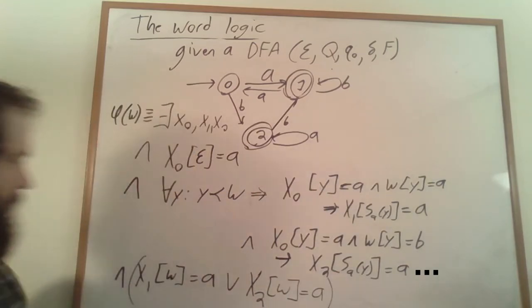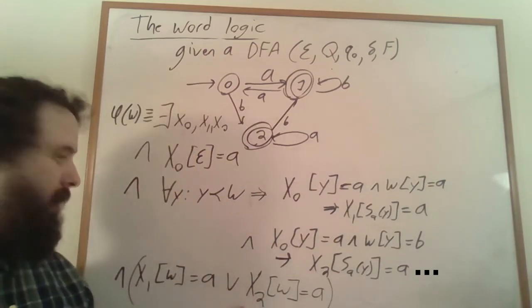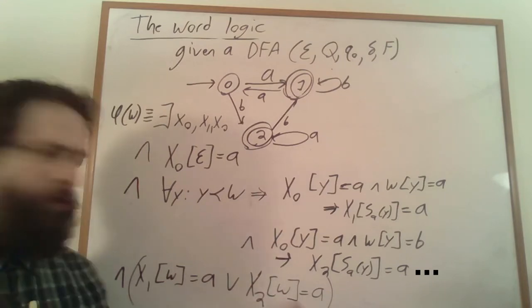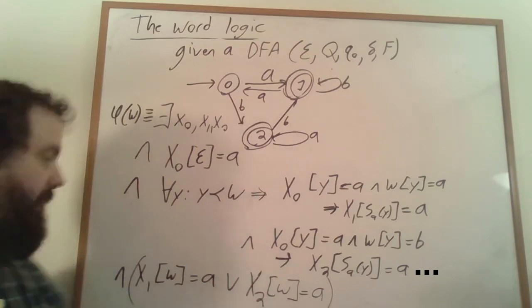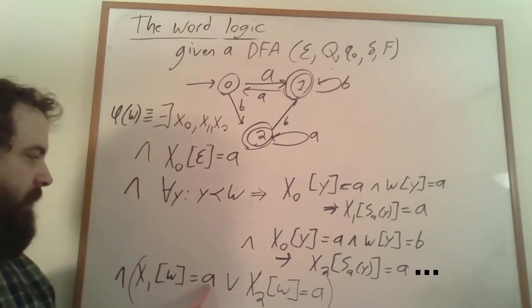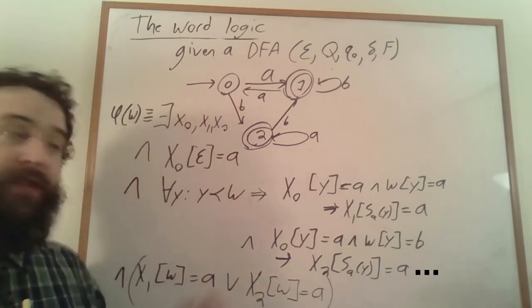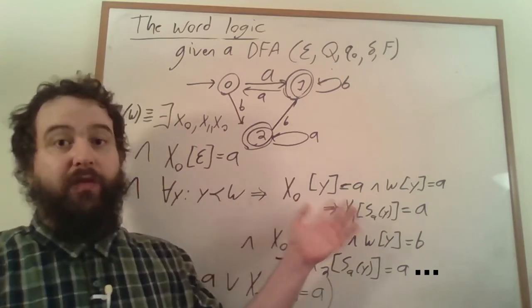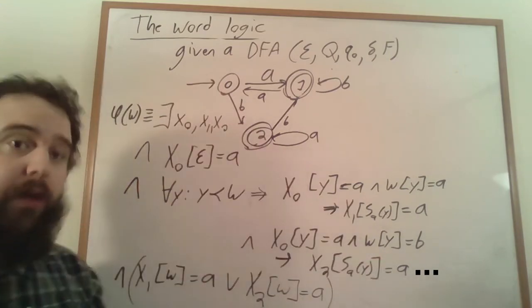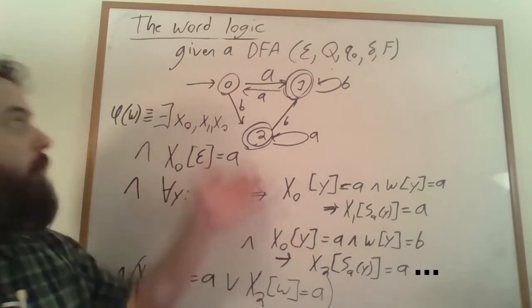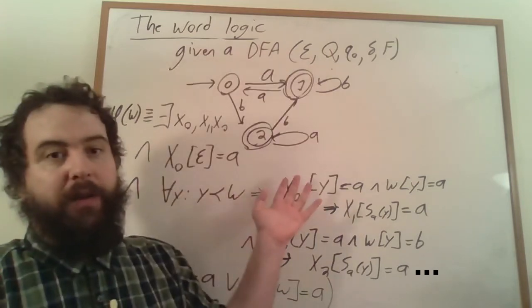And because x1 and x2 are 1 unit longer than w, this is going to refer to their last character. So either the last character of x1 is equal to a, or the last character of x2 is equal to a. And so if we expand out this bracket notation, we wind up getting this really long and complicated formula representing this finite state automaton here.